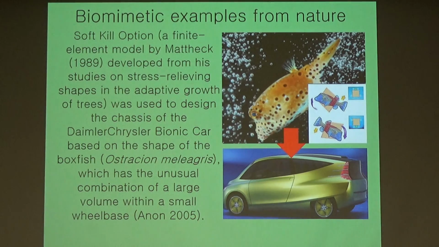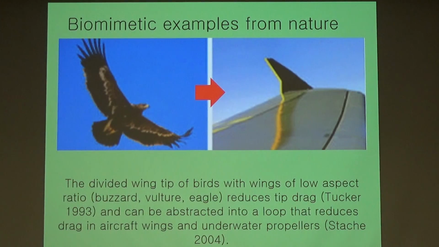There are more examples, such as examples in car design derived from the boxfish. And as I was mentioning earlier, the wingtip idea, having a divided wingtip with wings of low aspect ratio. This was directly inspired by looking at buzzards, large birds of prey, and the design of their large wings.